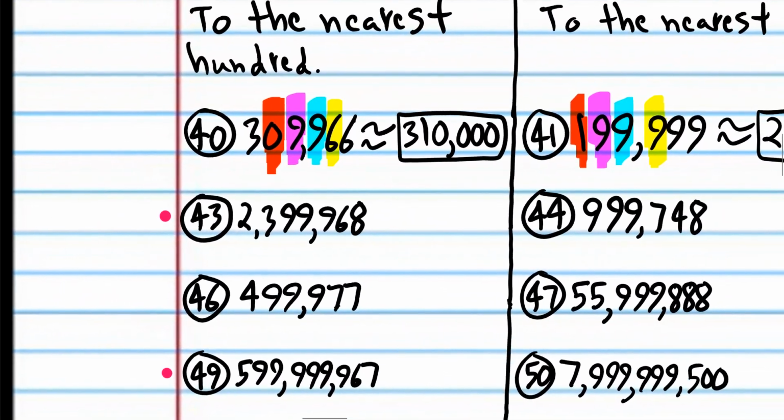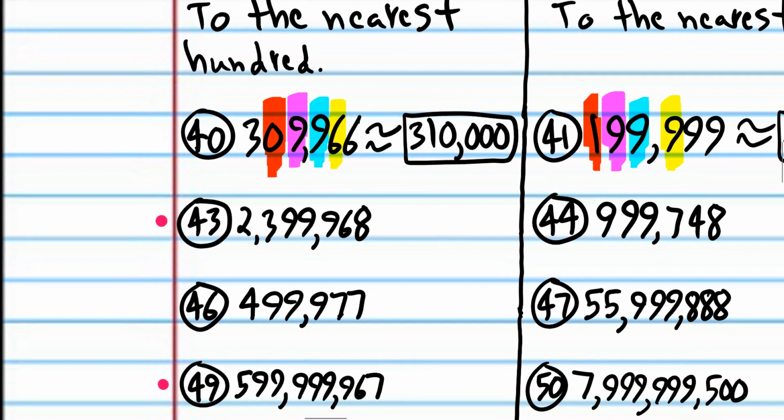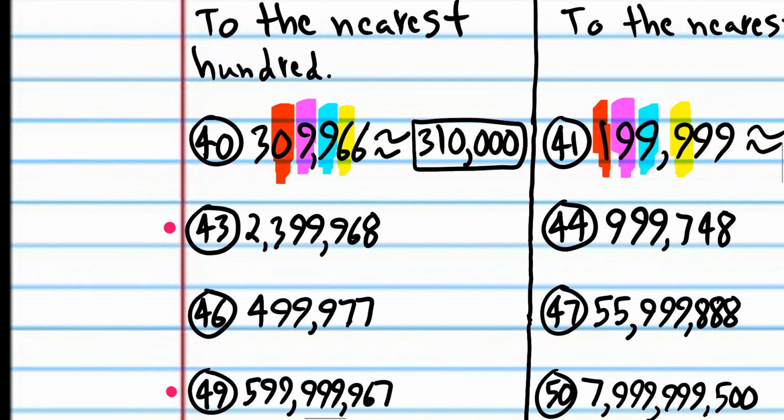All right. Now, we're just going to add some more 9s here. So for 43, we're going to round to the nearest 100. So this is the hundredths place. The 6 tells us to round up. So we're going to round the purple number up 1, but the problem is it's 9, so we have to round the next number up by 1.